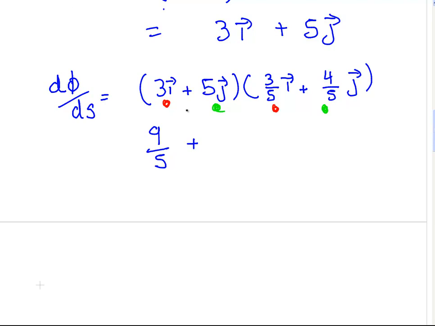We'll just call that 20 over 5 for the time being, to keep it consistent with the 9 over 5. So 9 over 5 plus 20 over 5 is 29 over 5. You can make that 5 and 4 fifths if you want, or 5.8 if you want. Alright, that's the directional derivative. That's one of our examples done. So let's leave that there and do a few more.